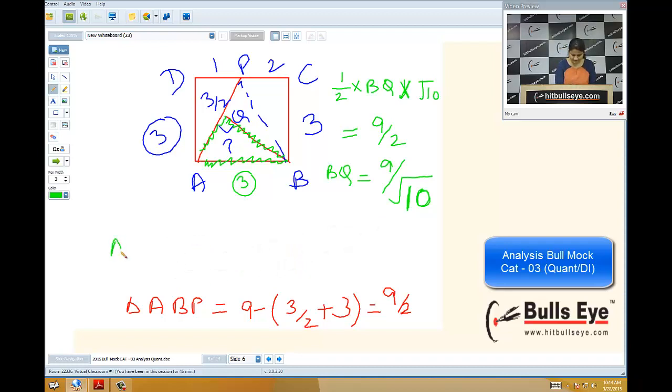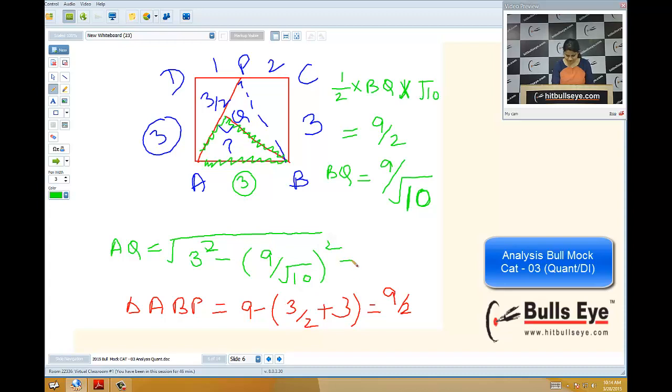AQ is equal to the square root of 3 squared minus BQ squared. So we are able to calculate AQ, which comes out to be 3 by root 10. Now this becomes easy. Now we can calculate the area for the BQPC quadrilateral.